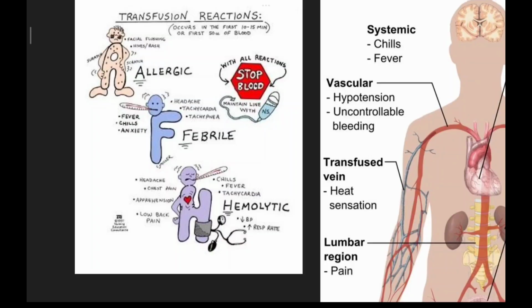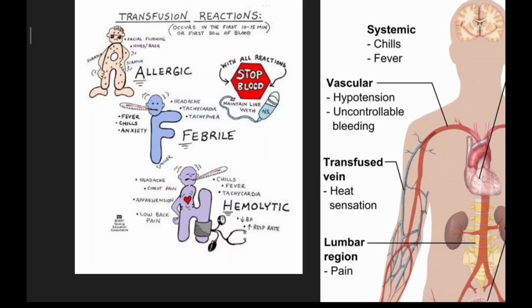Then the patient experiences fevers, chills, and anxiety. Finally, the hemolytic reaction, here again chills, fever, and tachycardia. There is a decrease in blood pressure and increased respiratory rate, which is tachypnea. Then the patient might experience headache, chest pain, apprehension, and low back pain. So these are the hemolytic reactions.